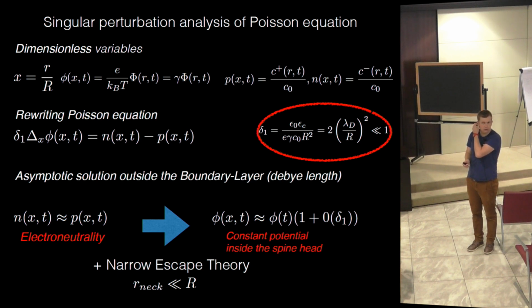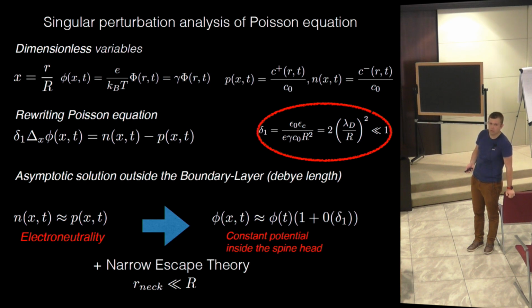A bit, what did you do exactly? You insert n equals p, so then the Laplacian is 0, so how did you get this solution, phi of x, t? This one? Yeah. Here you get the Laplacian almost equal to 0. Almost. So what do you assume at first order?